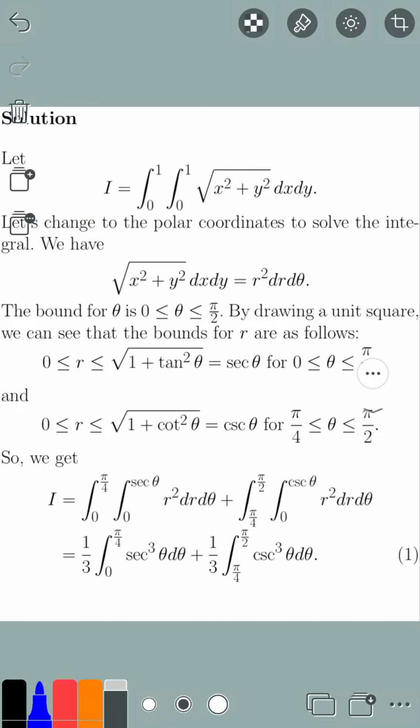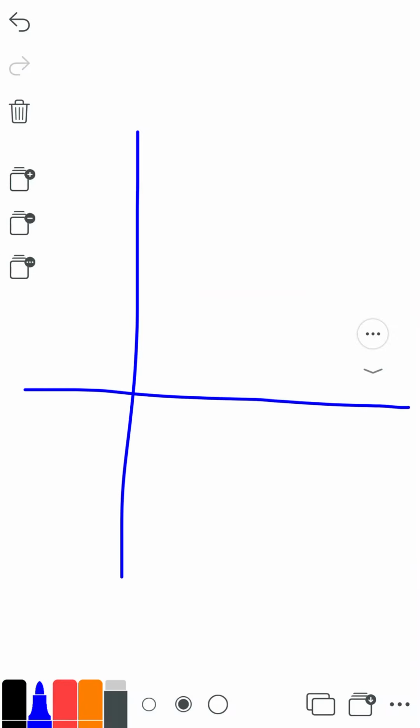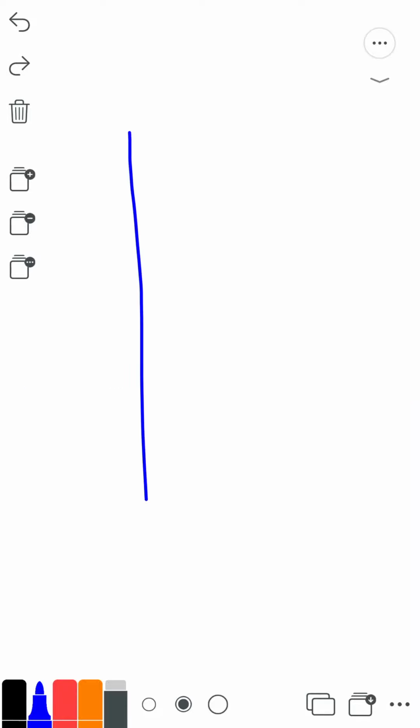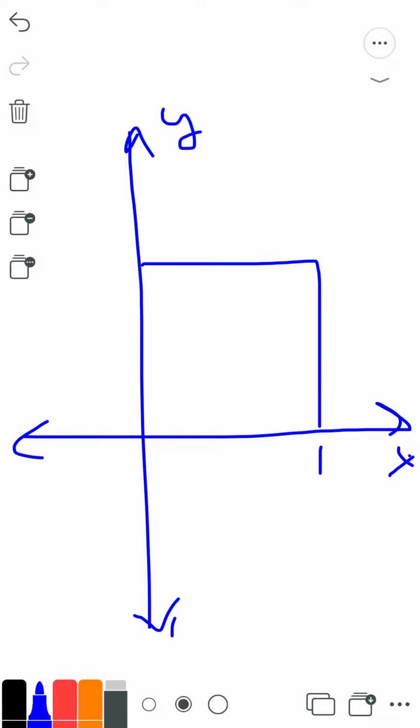for the bounds of theta and r, theta will go from 0 to pi over 2. The region we're integrating over is a unit square, because x goes from 0 to 1, and y also goes from 0 to 1.